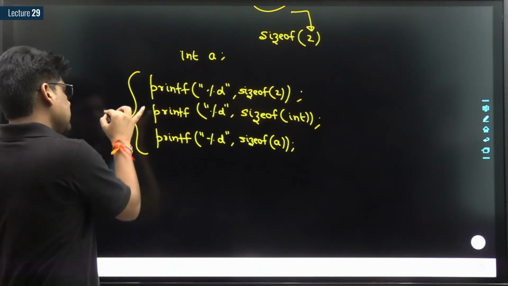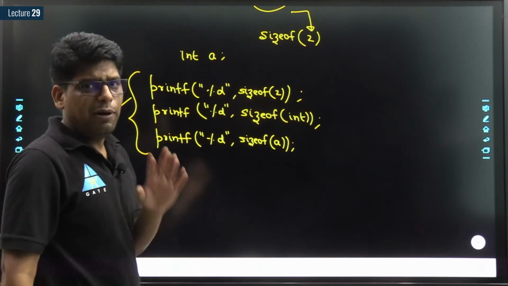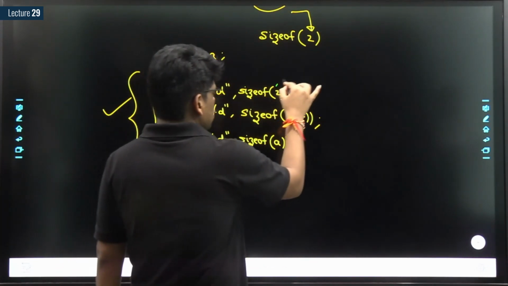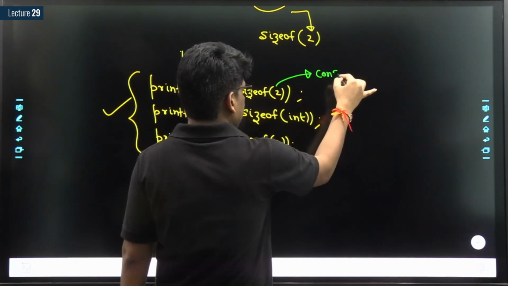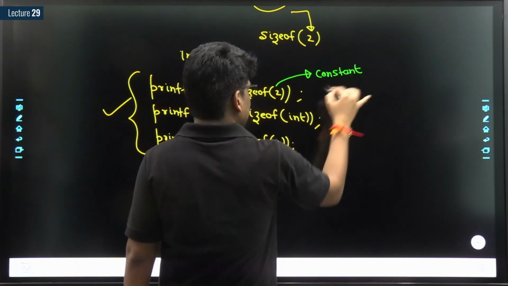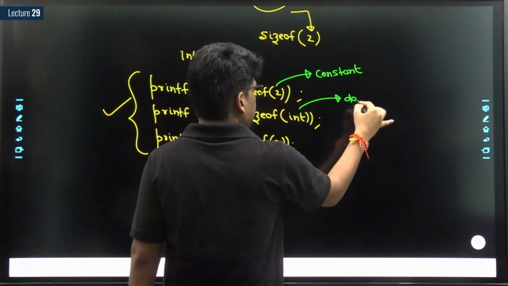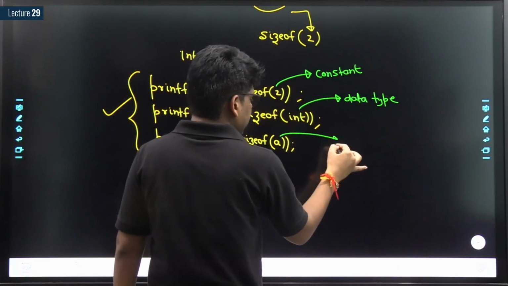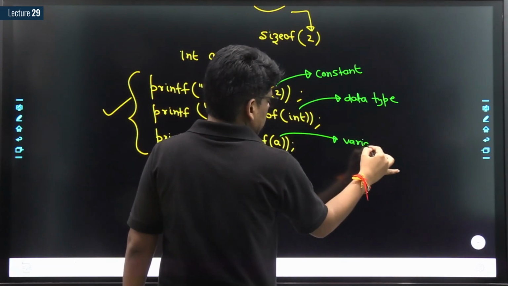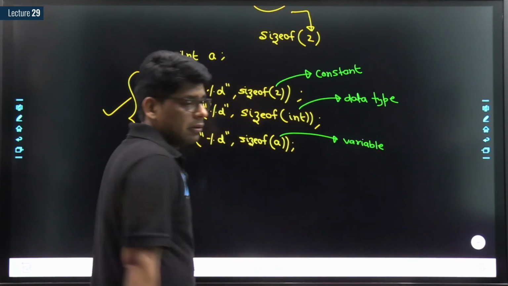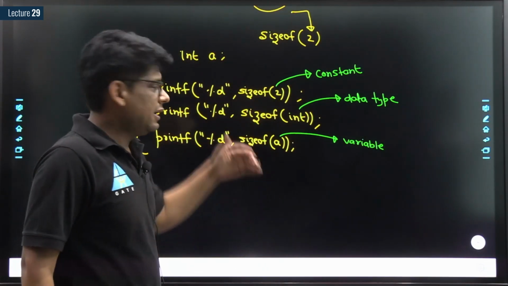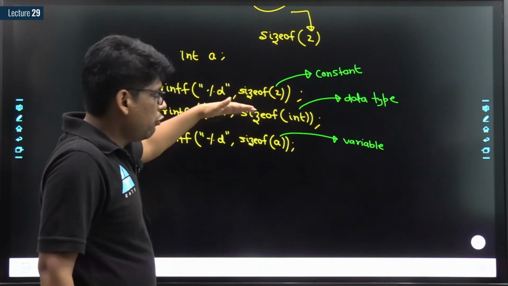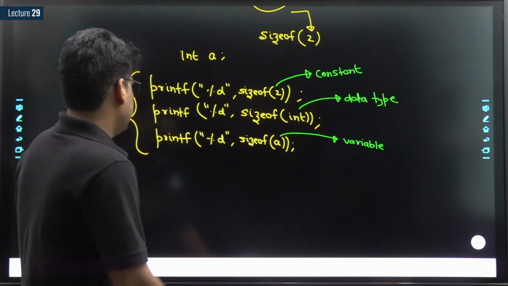Sir, same output. Try to understand. Sir, can we give a constant? Yes, sir. Can we give a data type? Yes, sir. Can we give a variable? Yes, sir. Everything is working. Yes, of course. And the output of all of them is 4. Done, sir.